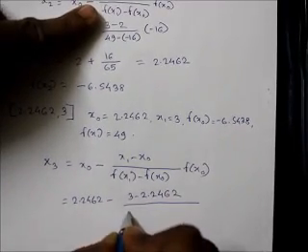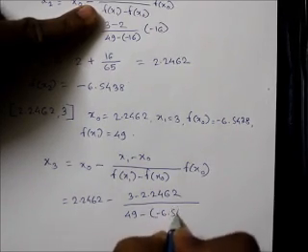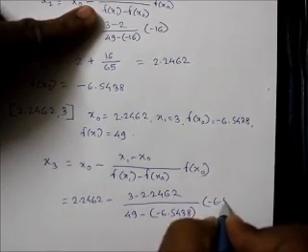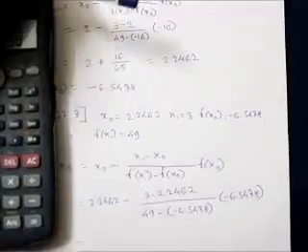Divided by 49 minus 6.5438 multiplied by minus 6.5438. Let's see what the value of this is.